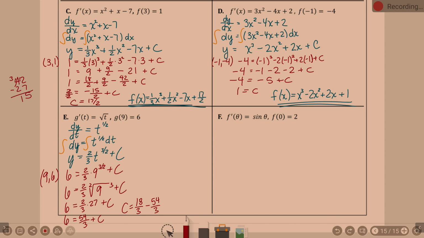It's going to be negative of whatever 54 minus 18 is. Negative 36 thirds. So negative 12. My answer key agrees. That's always the check, right? Although I didn't hear any of you guys yelling at me. So g of t is 2/3 t to the 3/2 minus 12.